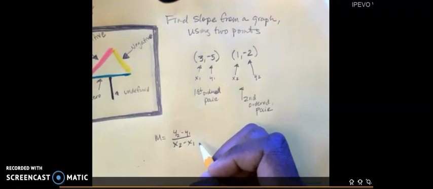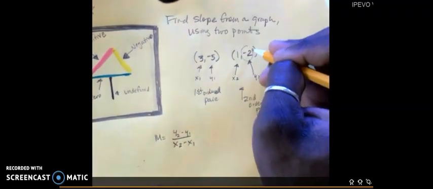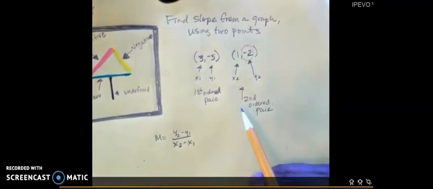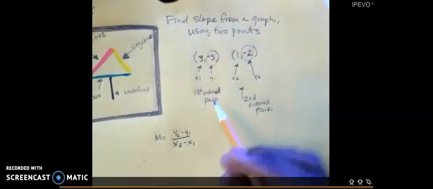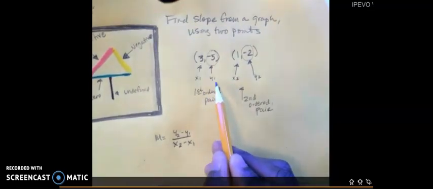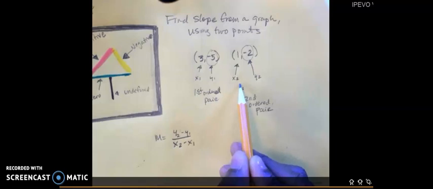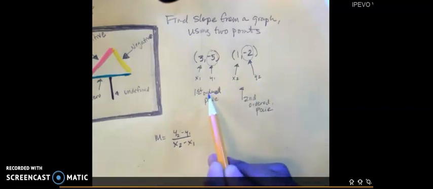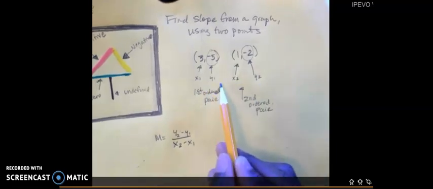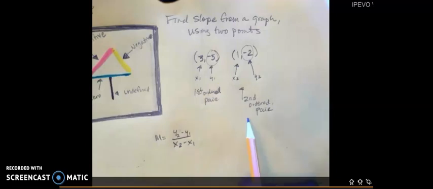I am simply going to plug in the values that I've already determined here. If you notice, I've already labeled them: I have x1, y1, x2, and y2. This is my first ordered pair, x and y value, and my second ordered pair, x and y value. That's why they're numbered 1 and 2. You just have to be very consistent when you're dealing with them.